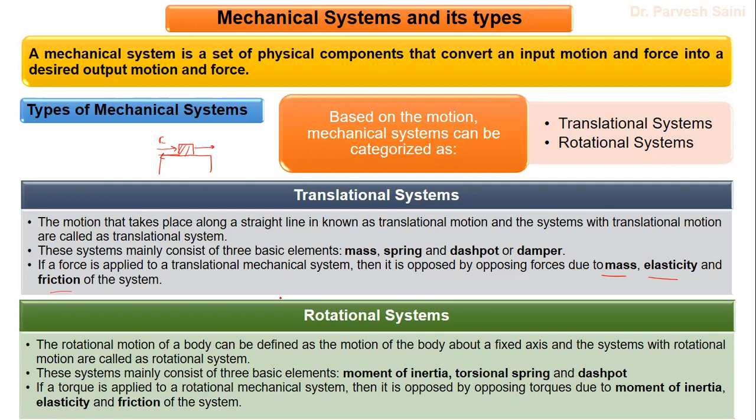All these rotate about a fixed axis, and hence they have rotational motion. Because they have rotational motion, we call them rotational systems. Similarly, in these systems we have three basic elements: the moment of inertia, torsional spring, and again the dashpot or damper, right?